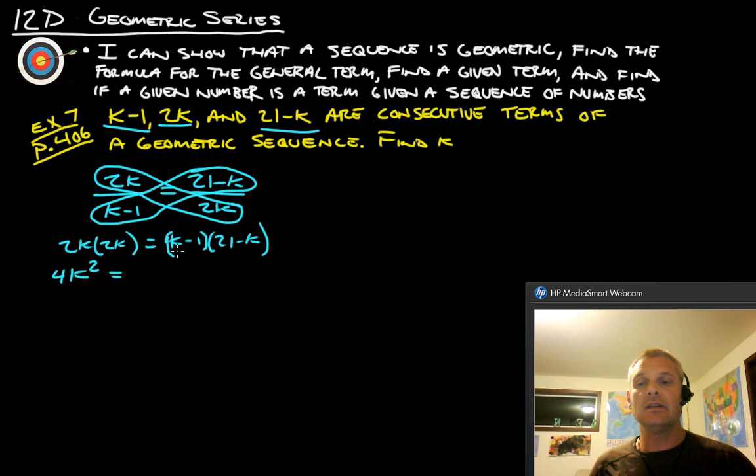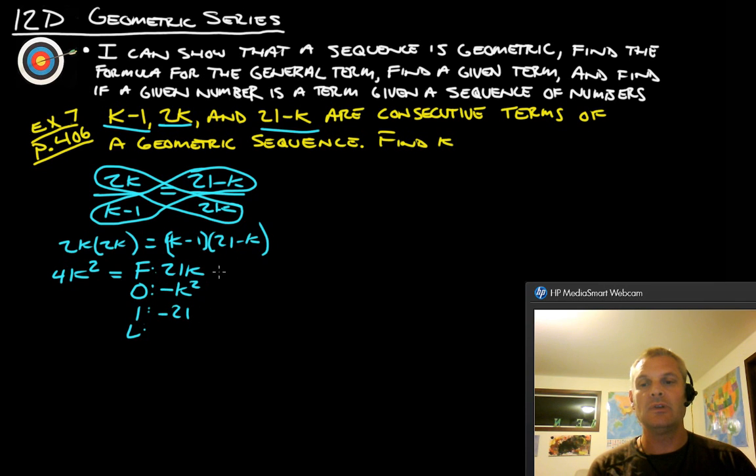Then if you're multiplying a binomial by a binomial, you have to FOIL it. You can do the stack method like we did last year, but most people seem to remember FOIL easier, so let's do that. K times 21 is 21k. K times negative k is negative k squared. Negative 1 times 21 is negative 21.